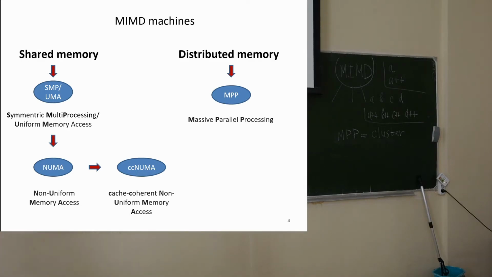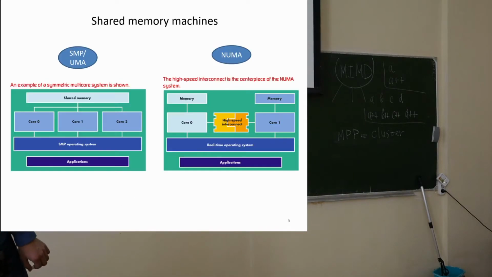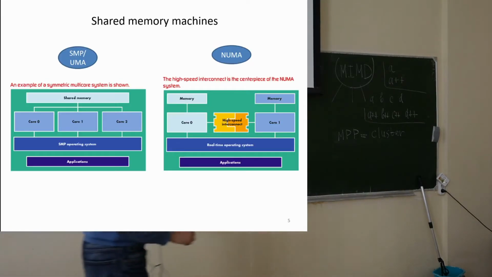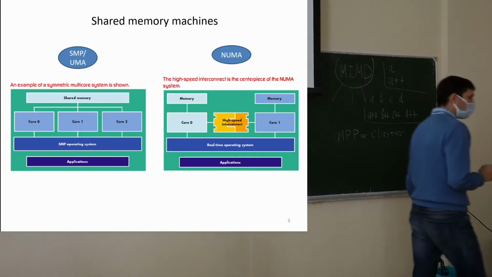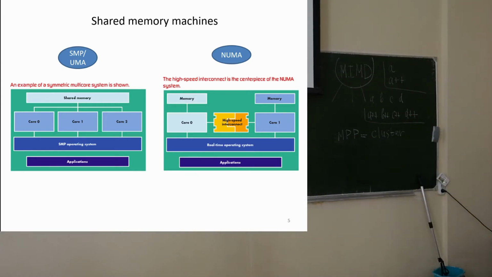But there is another class, shared memory. What does it mean? As I have said, on one crystal there are a lot of cores. For example, contemporary cell phones or notebooks are all shared memory machines, because they contain, for example, 4 or 8 cores on one crystal, and these different cores have just one shared memory.